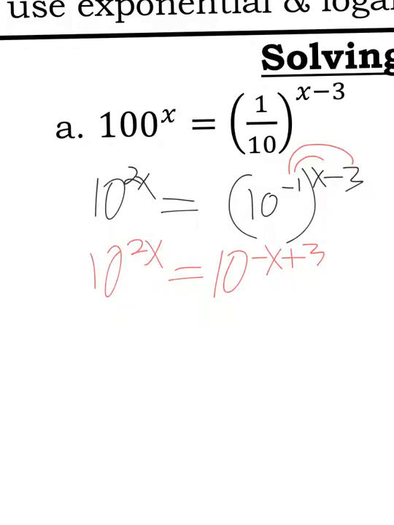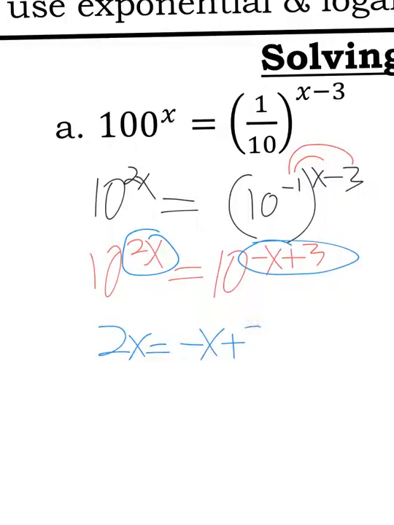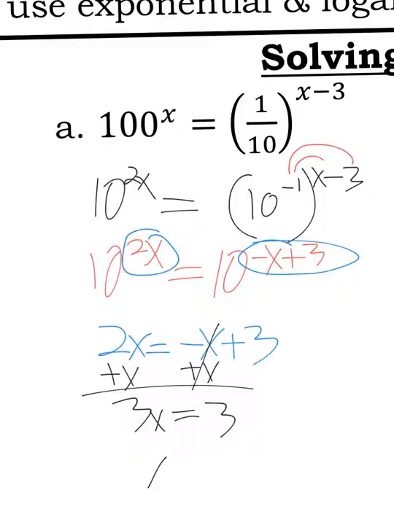Once you have the exact same base, then you just take the exponents, as long as the base is the exact same. We got it the exact same, 10 and 10. So I got 2x equals negative x plus 3. Okay, so I can add x to the other side, and I get 3x equals 3. I know that 3 times 1 is 3, so therefore x equals 1 for my final answer.